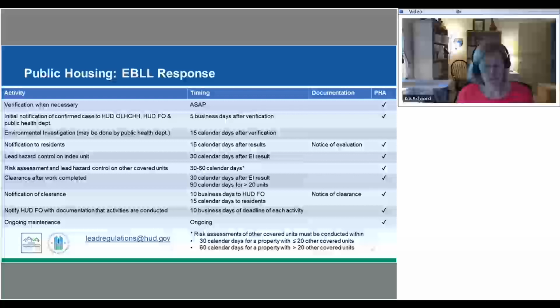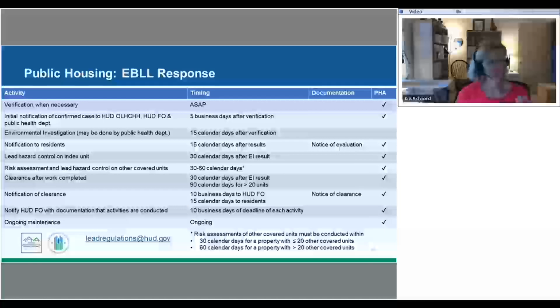And this can be calling, sending emails to the health provider, to the health department, wherever that testing was done, we do need to get verification. And that needs to be done as soon as possible. That can be done with a phone call, it can be done with an email. You want to document that so you have that in the files, that you verified that the child does actually have an elevated blood level.